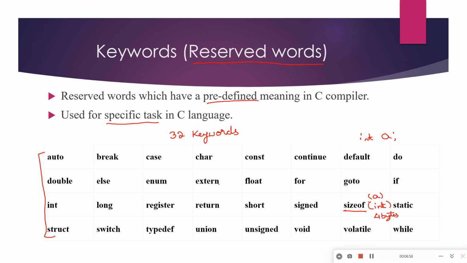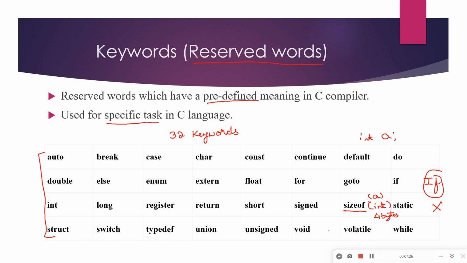And very important point, if you observe here, all the keywords are in lowercase letters only. That means whatever the C compiler uses, these keywords are all in lowercase letters. For example, if I write if with a capital letter I, this cannot be a keyword.